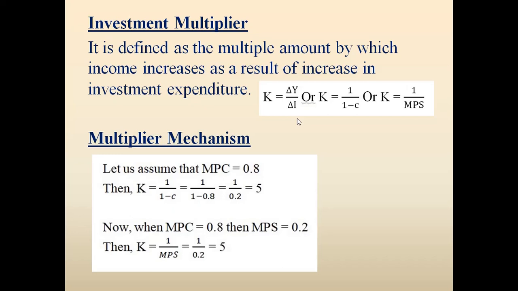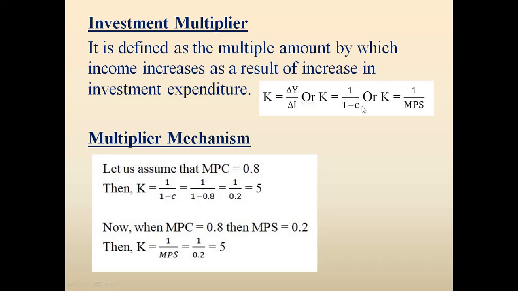Now talking about the formula, this capital K is your investment multiplier. So how to find the investment multiplier? It is equal to delta Y, that is change in income, by change in investment, or 1 divided by 1 minus c.